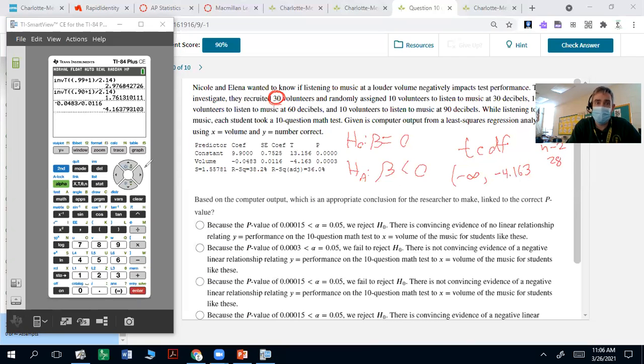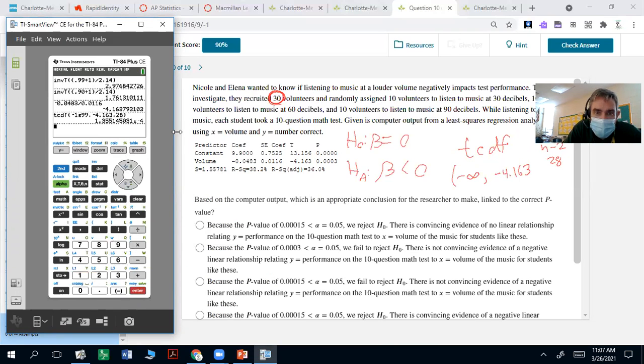So I'll show you how to get that p-value, even though it's already given to you. tcdf. And if it were a positive test statistic, you would start with that and go to infinity, okay? So negative 4.163. Degrees of freedom, we'll put 28, since there are 30 people.